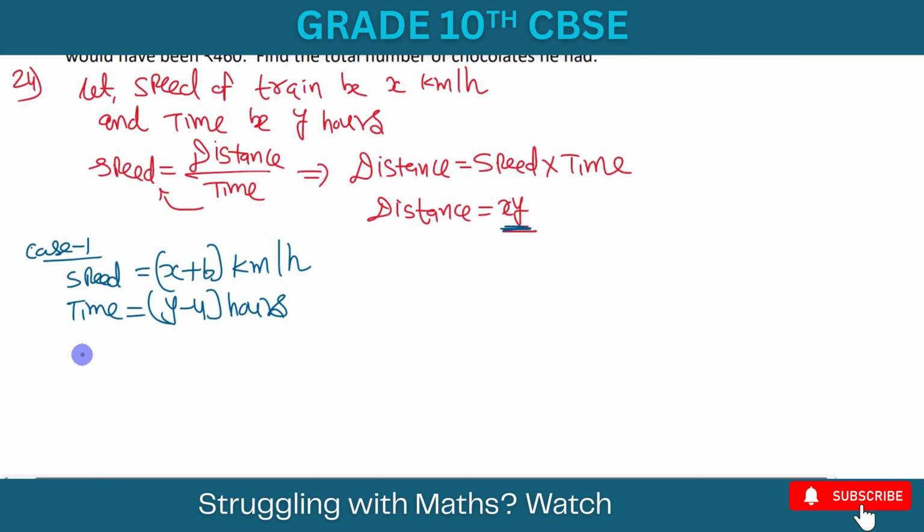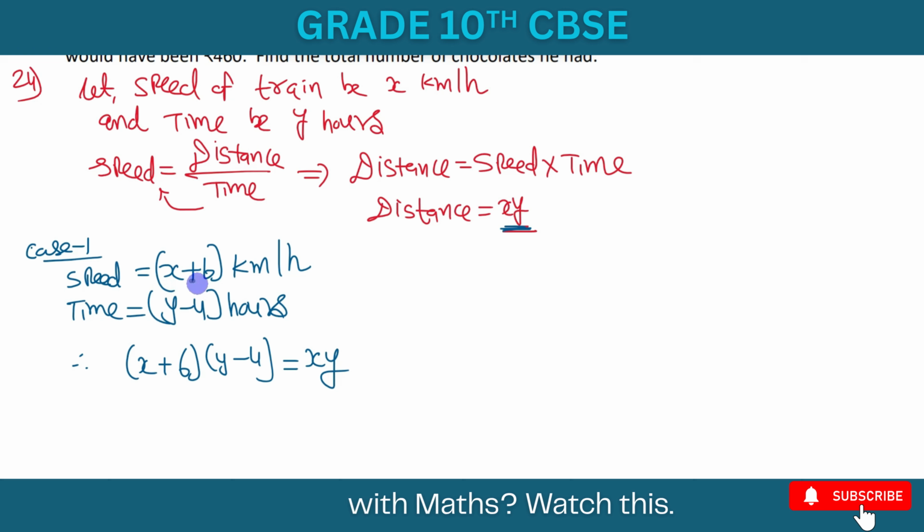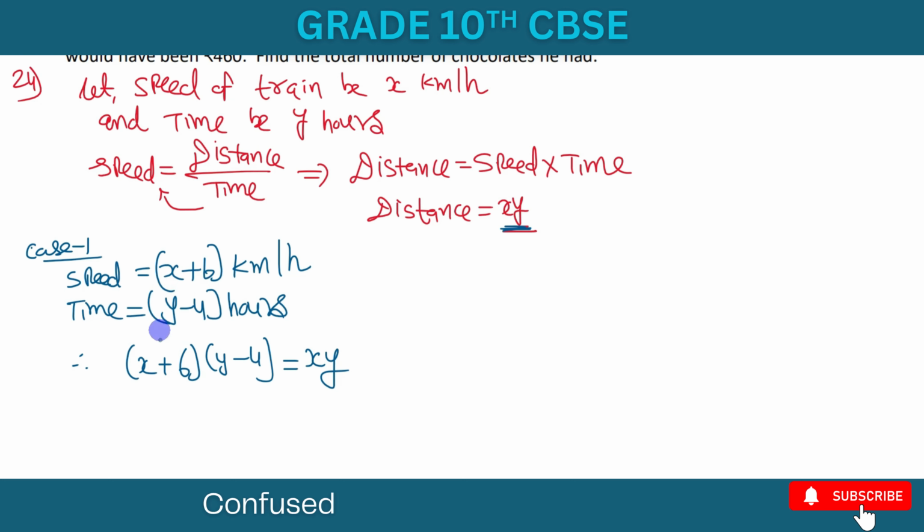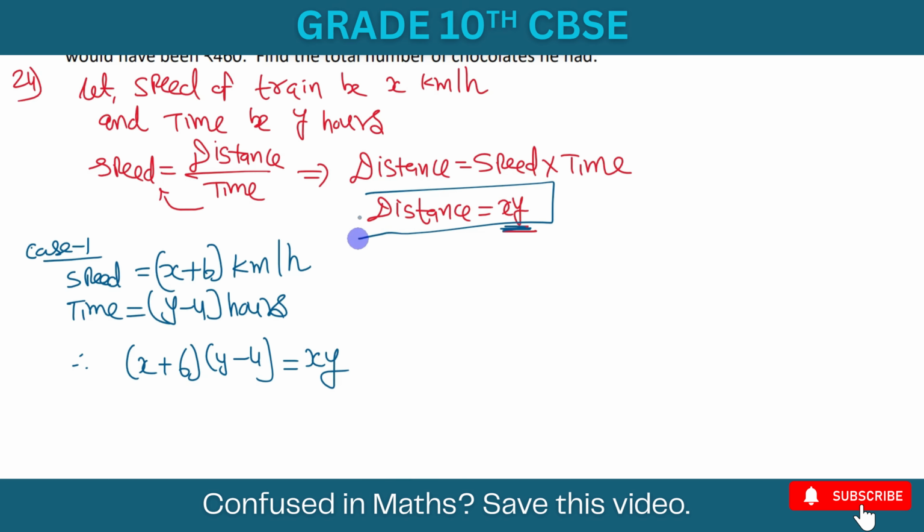The distance is speed into time: speed is x plus 6, time is y minus 4, and that equals the distance, which is xy. Whatever the speed increasing, the time will decrease, but ultimately the distance between the two cities will remain the same, so it equals xy. This is equation number 1.